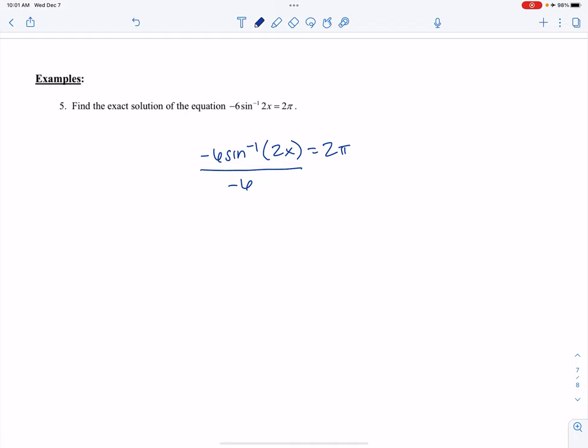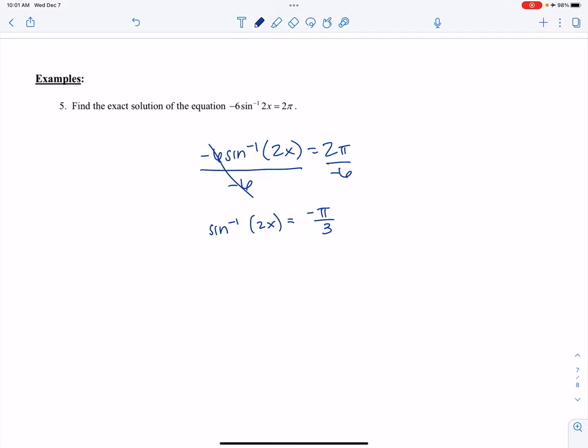Divide by -6, and whatever I do to one side, I have to do to the other. So I'm left with sine inverse of 2x equals, and we have 2 pi over -6, which leaves me with -pi/3. Just reducing that fraction.